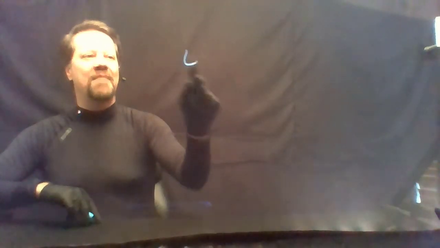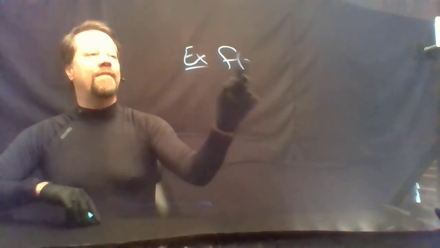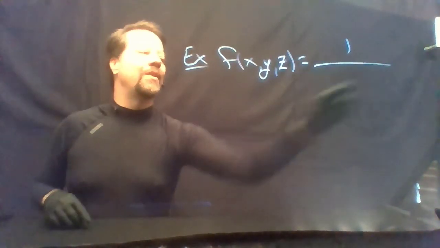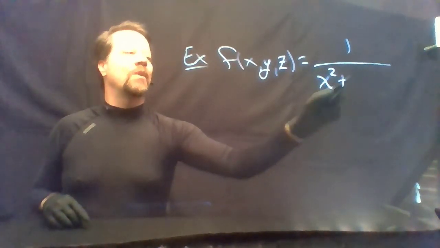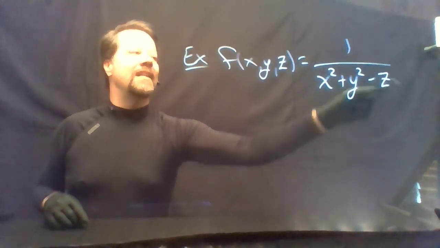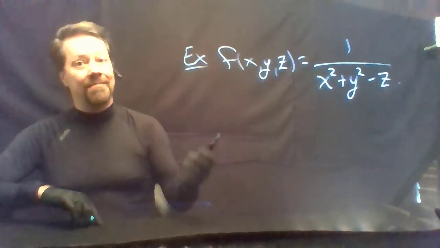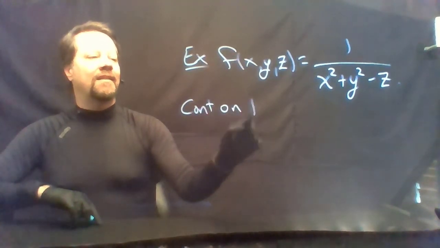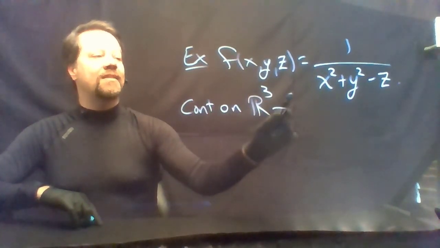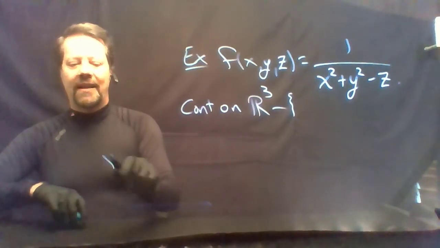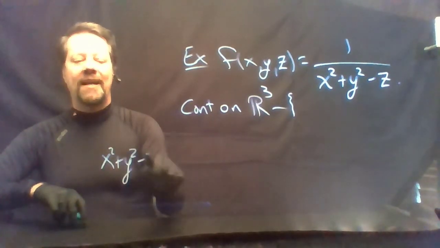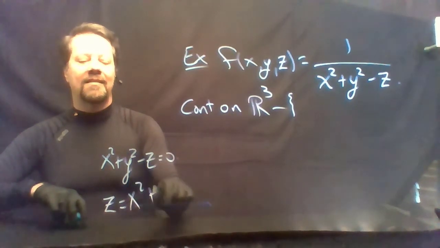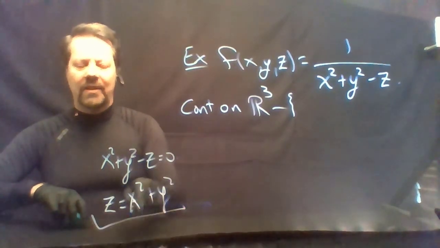Continuing on this theme, suppose I have the function f of x, y, z equal to 1 over x squared plus y squared minus z. Where is that continuous? Well, everywhere in R3 except where x squared plus y squared minus z equals 0. What kind of surface is that?